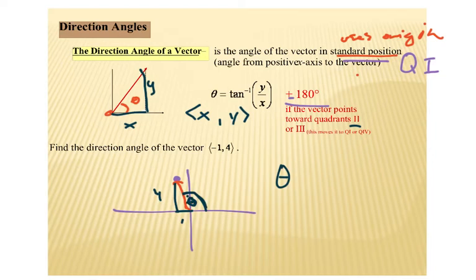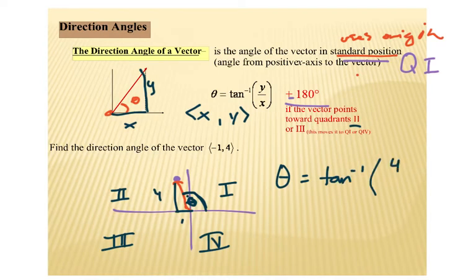And in order to do that, again, since it's in quadrant 2 or 3, and we want to get it back over to quadrant 1 or 4. This is quadrant 1, this is 2, if you don't remember. Oh wait, that should be IV, not VI. Okay, anyway, Roman numerals. So we're going to take tangent inverse of the y value, which is 4, and the x value, which is -1.